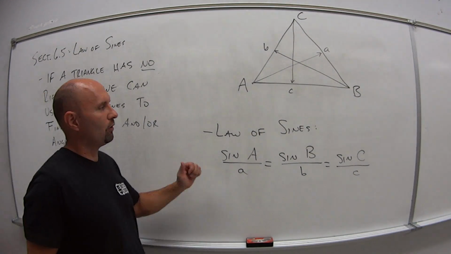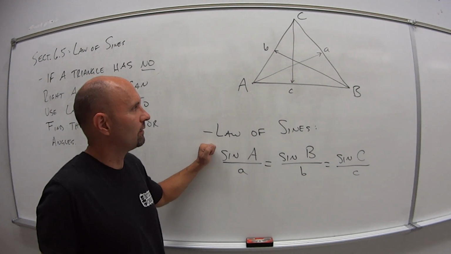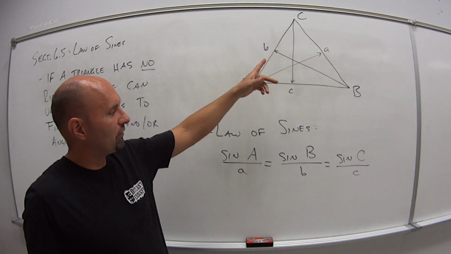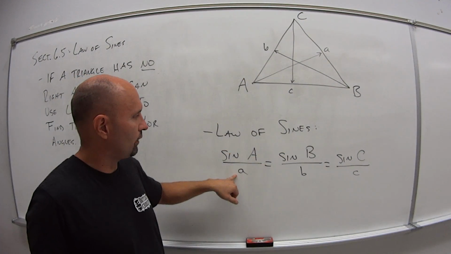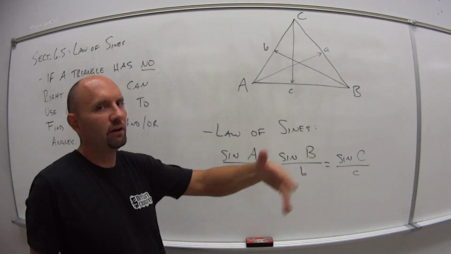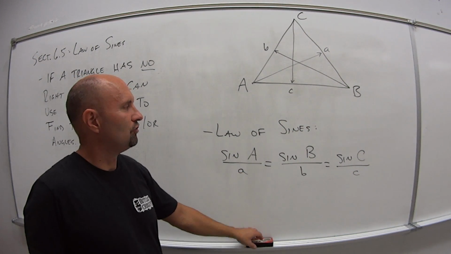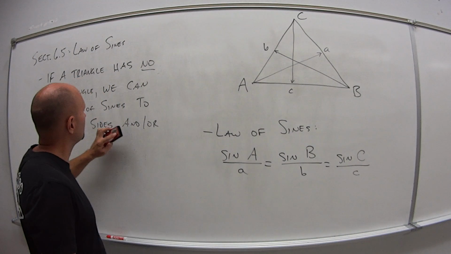So pretty powerful law that we have here. If we're given two sides and one angle, or two angles and one side, we can figure out the rest of the information just using this law of sines.